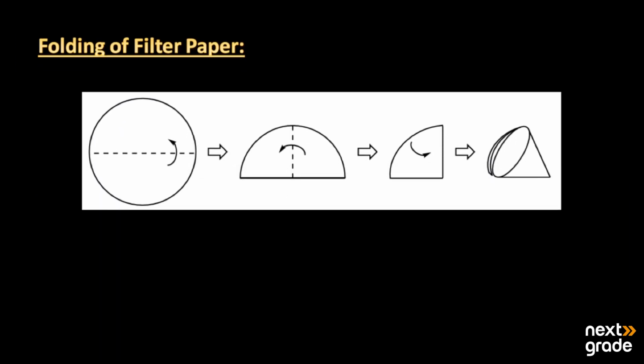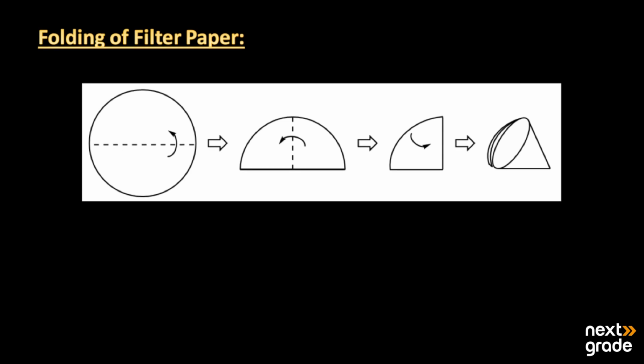Then we have the folding of filter paper, and how we can use the filter paper in a better way. Basically, filter papers are round in shape, and we have to give it the first fold according to its diameter, as the diameter is half of the circle, and we fold it over.